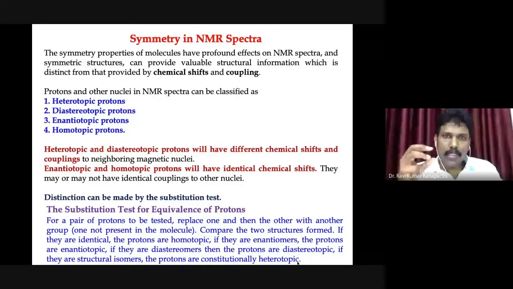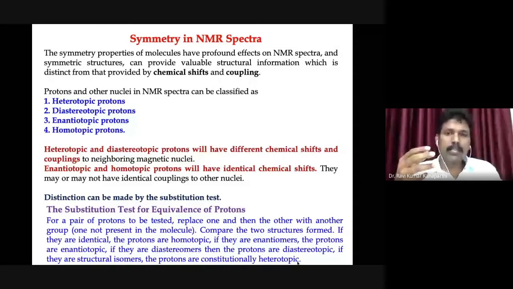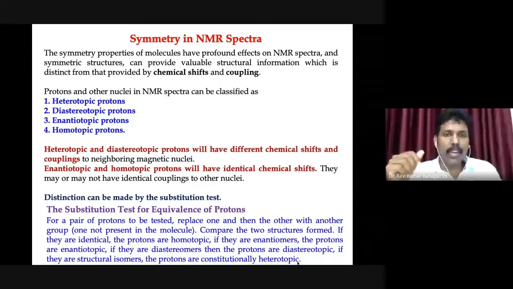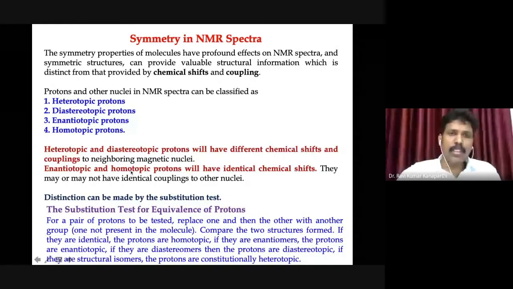These things one has to understand so that we can understand the chemical shift trends of these types of protons. Heterotopic and diastereotopic protons will have different chemical shift values, and they will also have different coupling constants. On the other hand, the enantiotopic and homotopic protons will have identical chemical shift values.